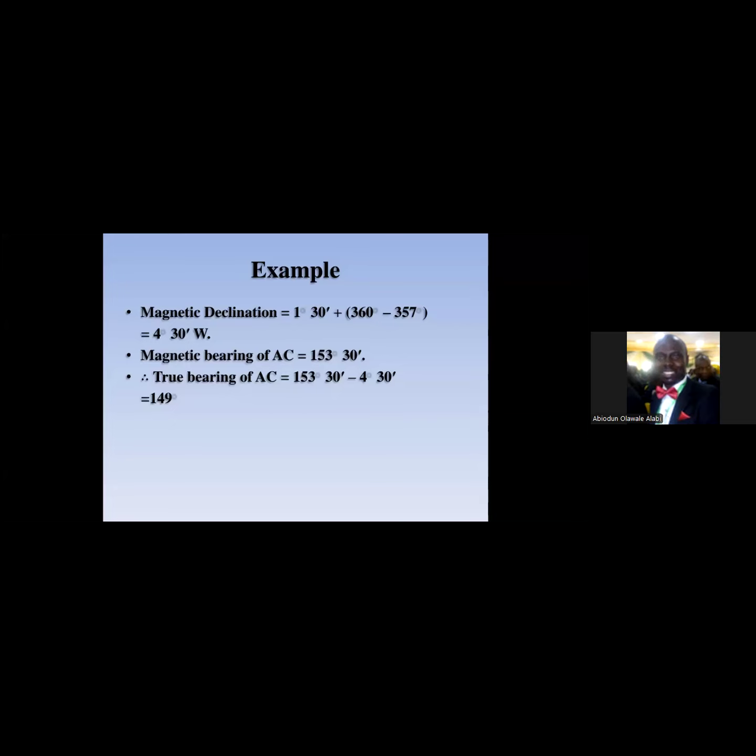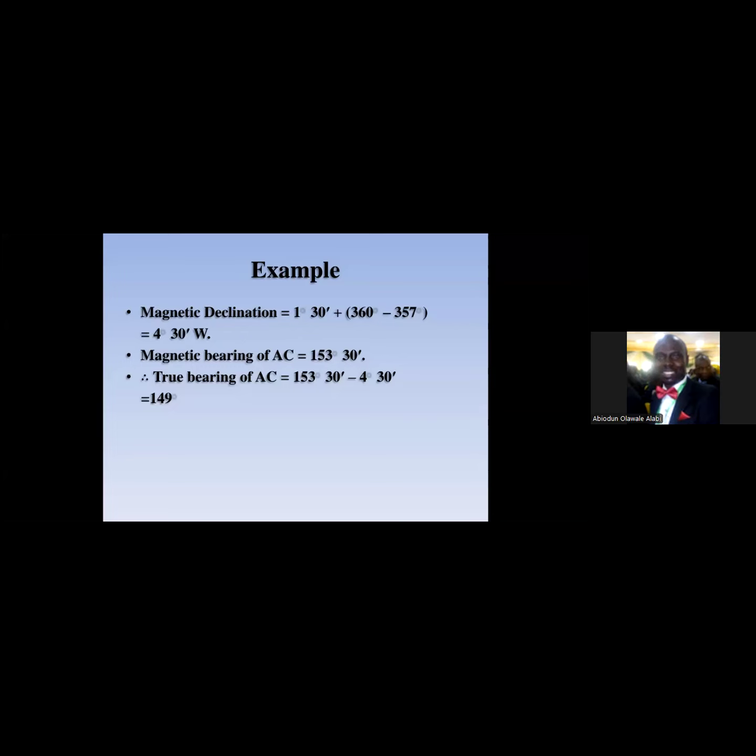So the angle from the true north itself will be 3 degrees. So 3 degrees plus 1 degree 30 minutes, that's why we have 4 degrees 30 minutes west. Now, I hope that is clear.